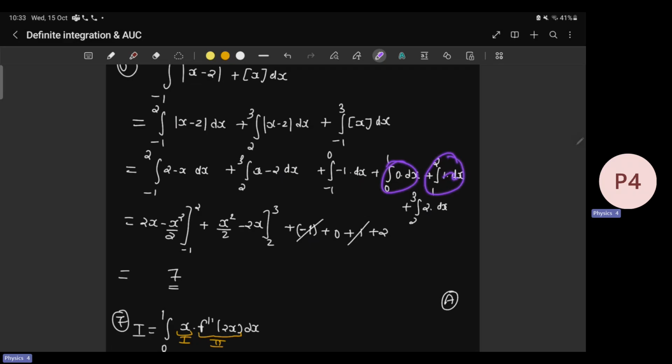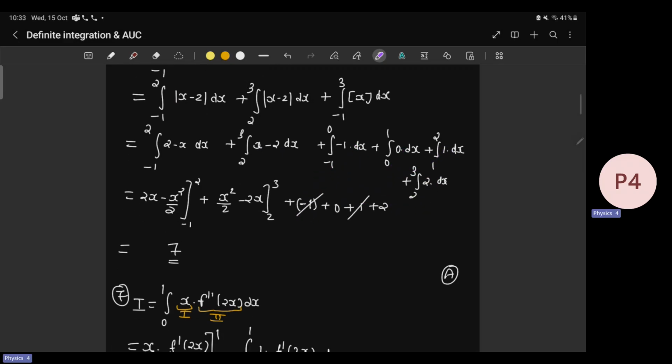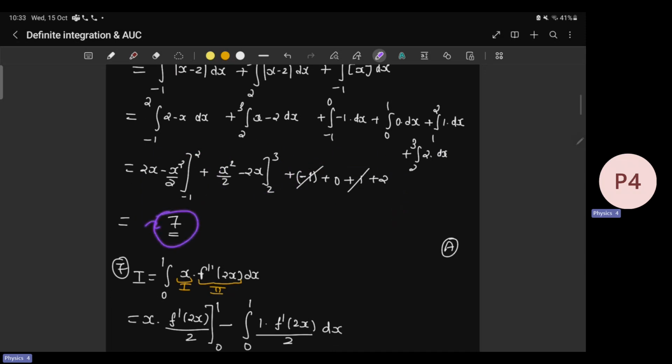And when this integration is x, the value of the limits 2 minus 1, 1 only, and the value of this is 2. Now this gets cancelled out. If we further solve, these are very simple and trivial problems now. The sum is equal to 7. So option A is the correct answer.